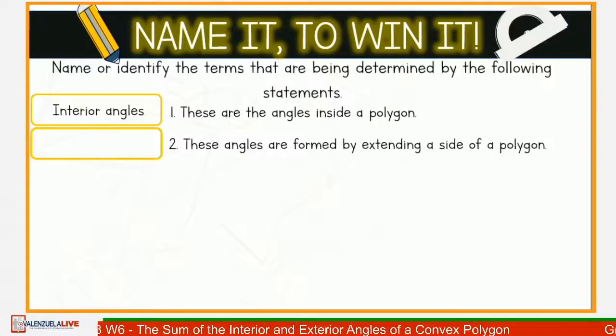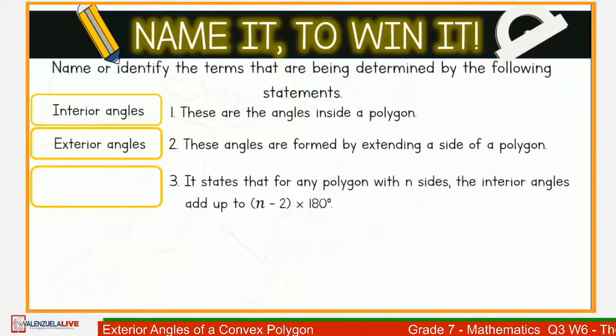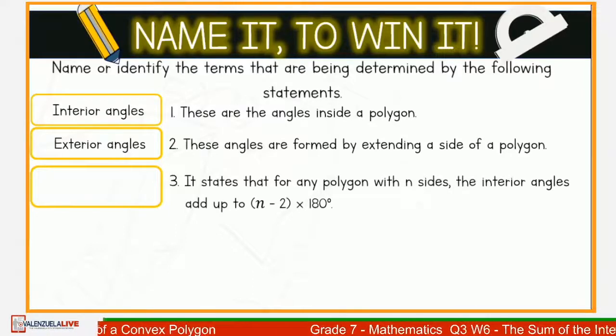Question number 2. These are the angles that are formed by extending a side of a polygon. Correct! Exterior angles. For our question number 3, it states that for any polygon with n sides, the interior angles add up to n minus 2 times 180 degrees.